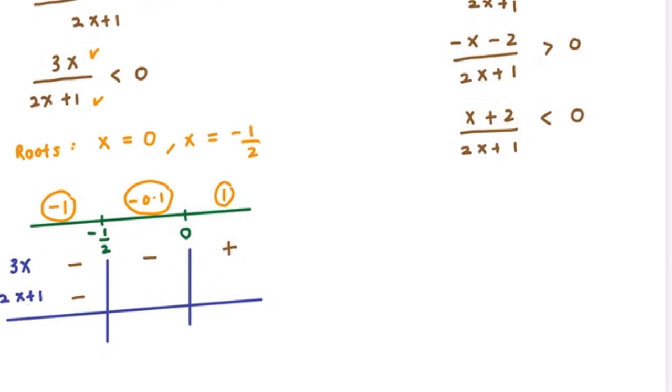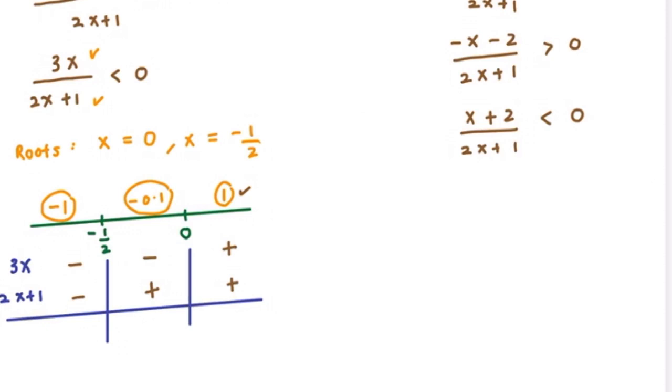So your answer will be 2 times negative 0.1 plus 1. If you calculate using your calculator, you will have a positive answer. So just write the positive sign. If your value of x is 1, substitute into the second factored form, 2 times 1 plus 1. The answer at last will be positive also. Okay. That is the long way to fill in all the signs.